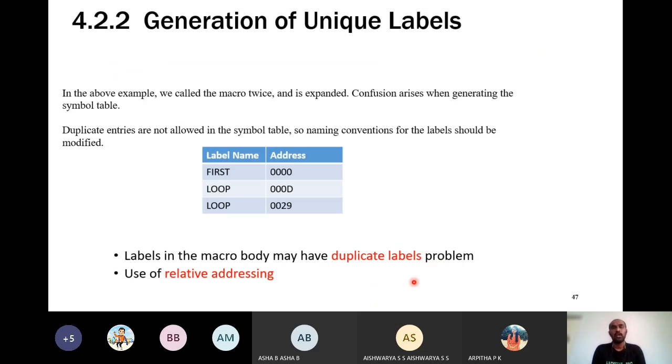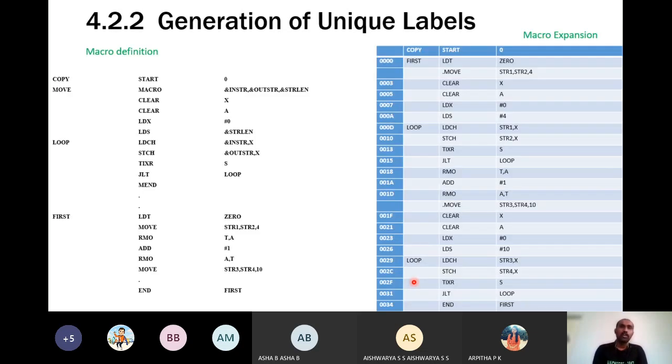Try to remember: because you are calling the same macro from your program multiple times, here and here. In this example the same macro is called twice, and that macro has the label. That label would be used multiple times, but that should not be the case.